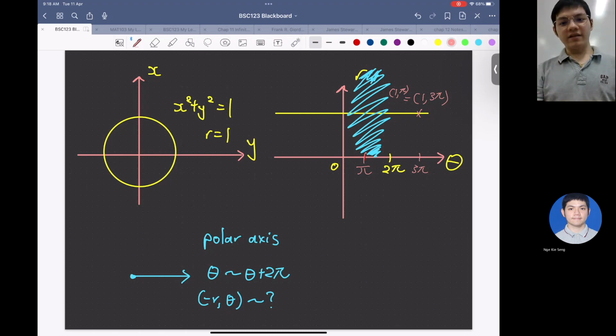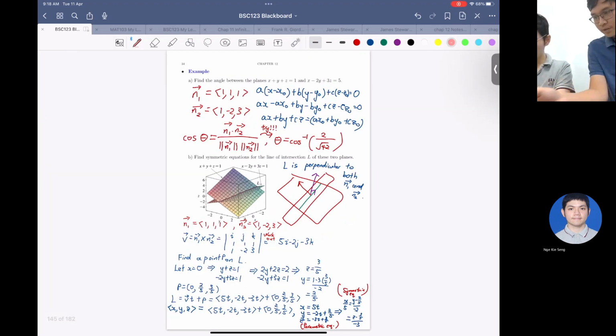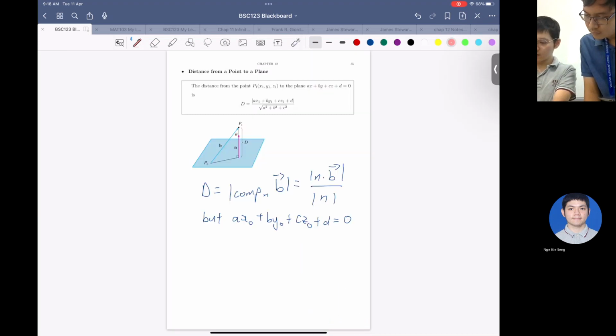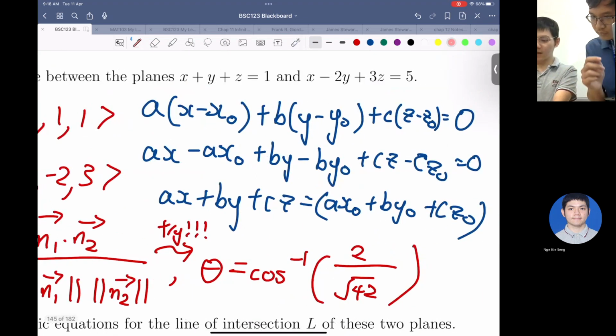But if you see a non-zero value, like we had just now, it came from this point, which means the origin is not on this plane. This non-zero part comes from the constant. If I expand this equation, I can collect the constant part.